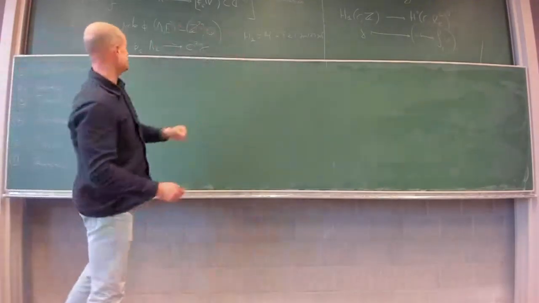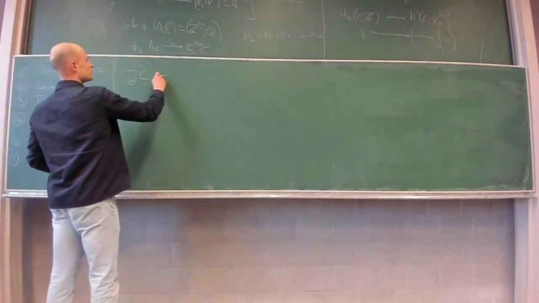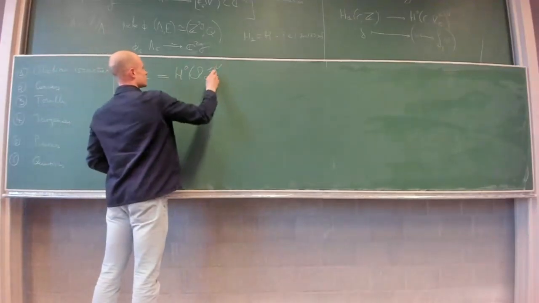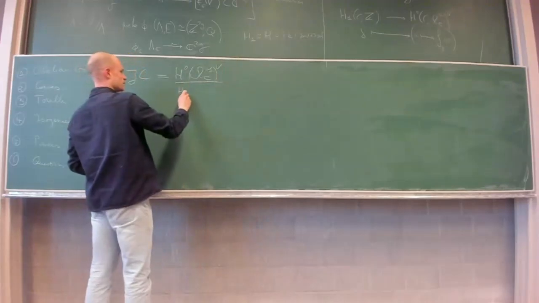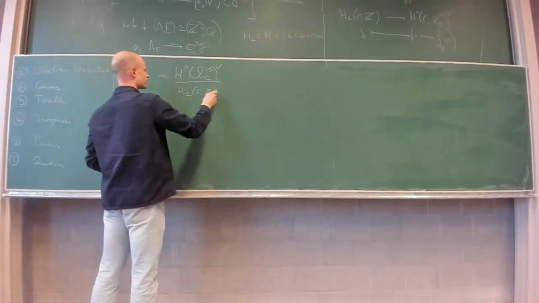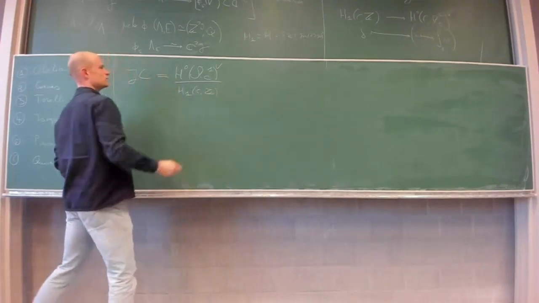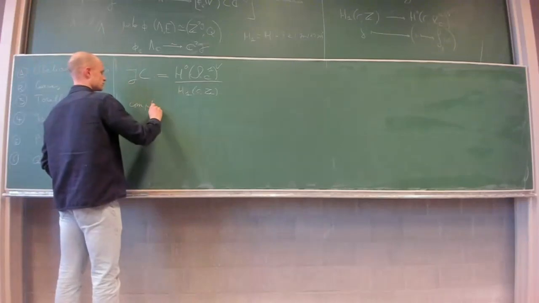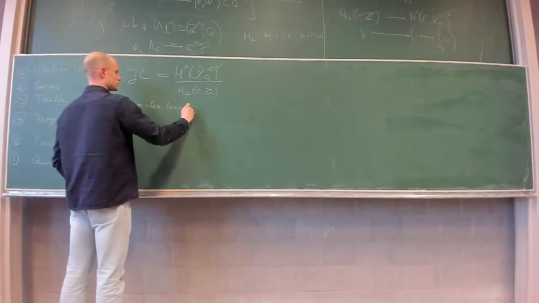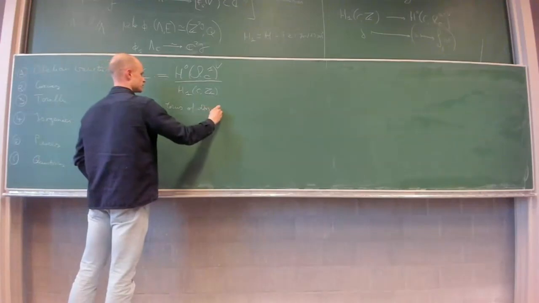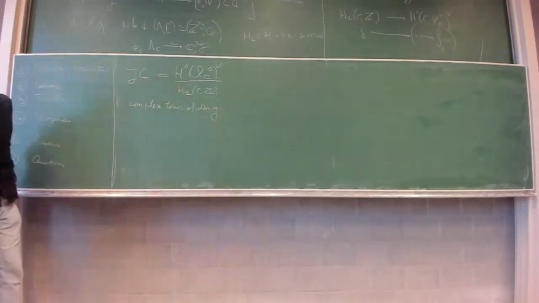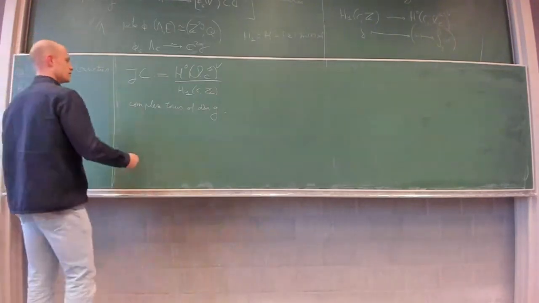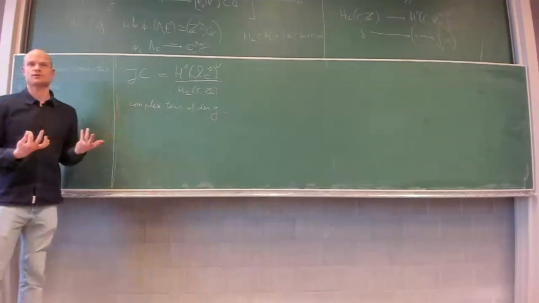Now I start with the curve, and I define the Jacobian of the curve as the quotient of this vector space by the homology of the curve. This is a complex torus of dimension g. But now I need to give it a polarization.